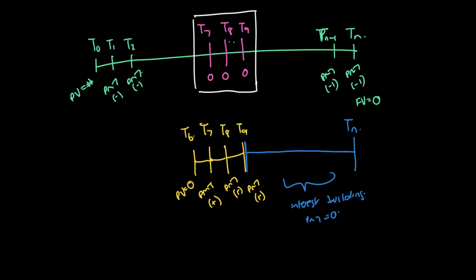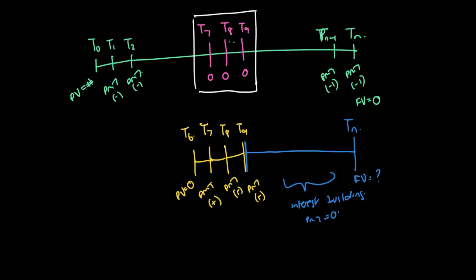And then you're going to want to know what the future value at Tn is, so you can make a lump sum payment for this loan. So you have your T7, T8, and T9 as payments that you don't make. Your approach to paying off this is making a lump sum at the end of your annuity.